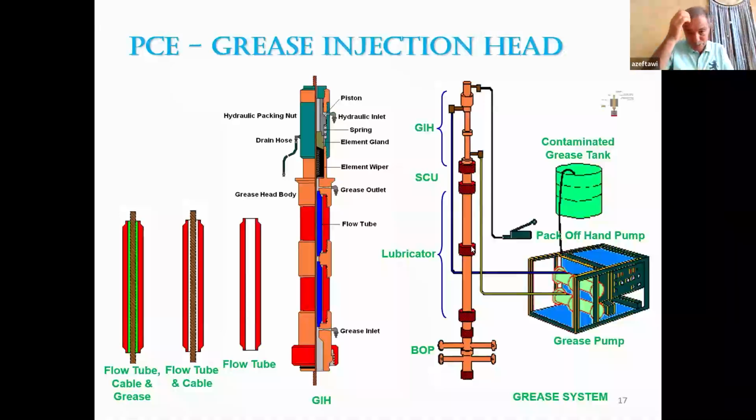Back to this flow tube where the steel wire is inside. This movement of steel inside steel might create a spark. To avoid sparks, we use brass, because brass will not create spark.